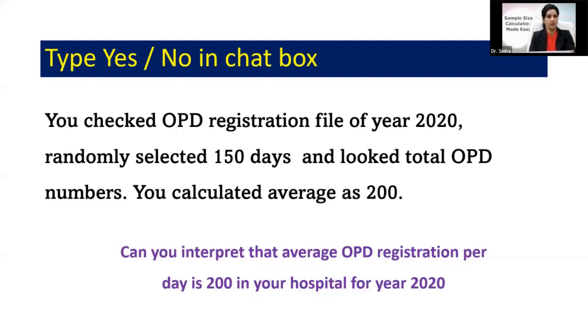You check the OPD registration file for the year 2020 and randomly select 150 days out of 365 days. Now can you say that the average OPD registration per day is 200 in your hospital for that year? Yes, you can say that, because this 200 from the 150 days represents the 365 days.